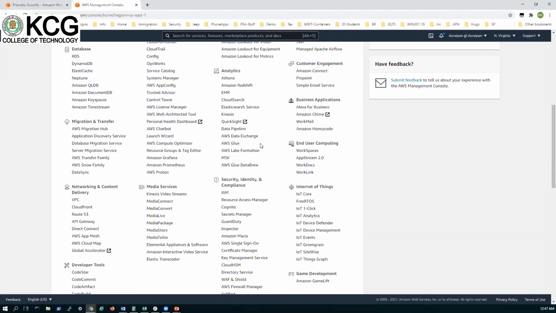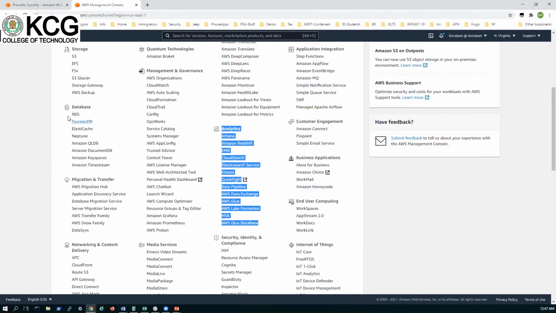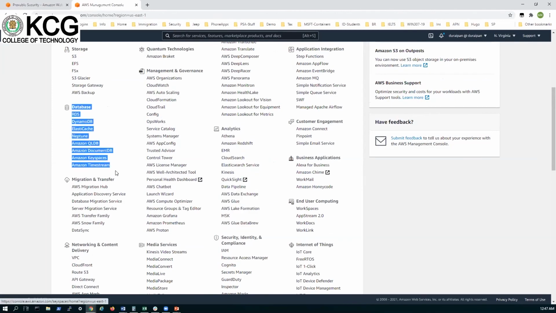Petabyte scale data lake. And then you have messaging, message bus, and things like that, right? But all of these services are just in the analytics section. All of these things can work with all of these databases that you have here.